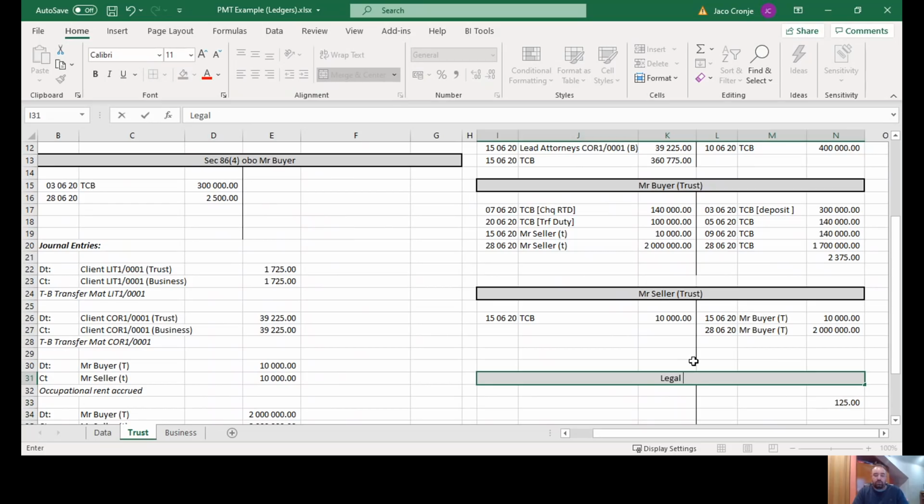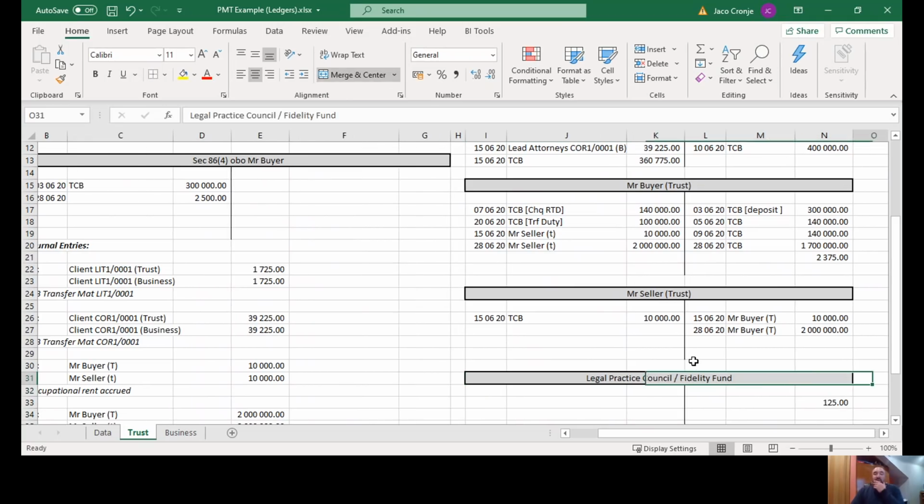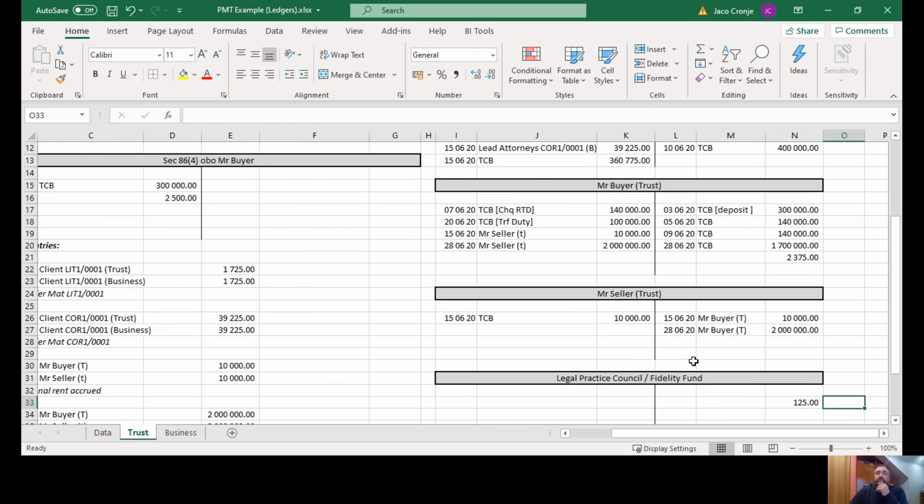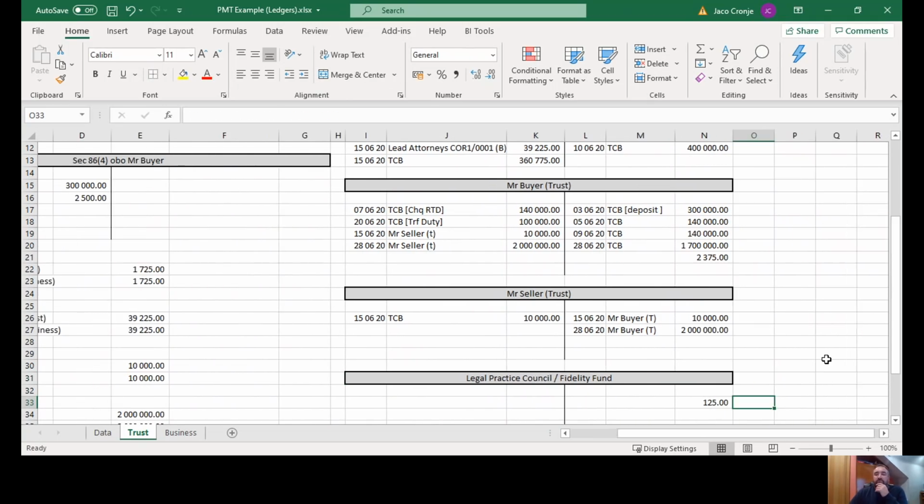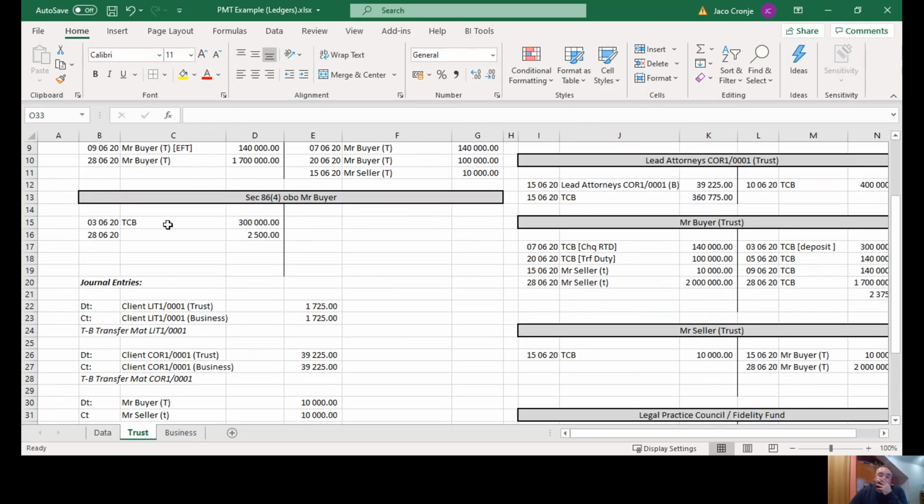And who gets this? The answer is the Legal Practice Council, or you can put Fidelity Fund. They get this 125 rand. Okay, so what was my description here?